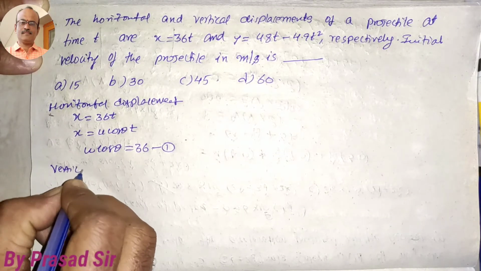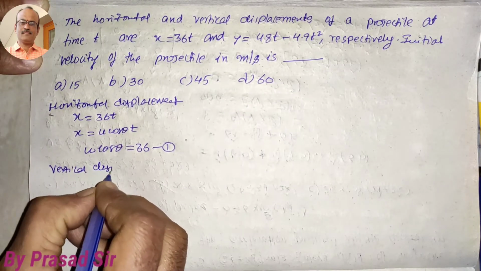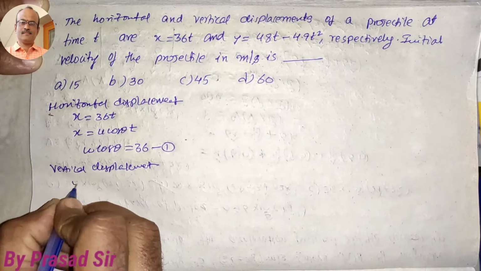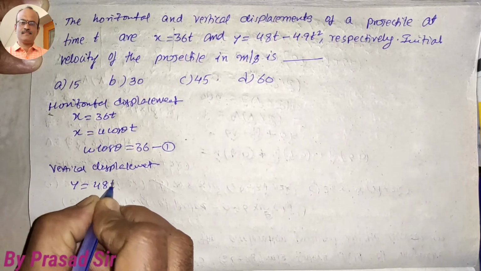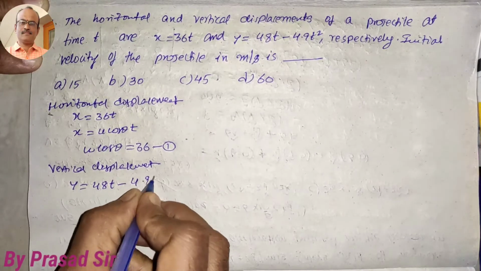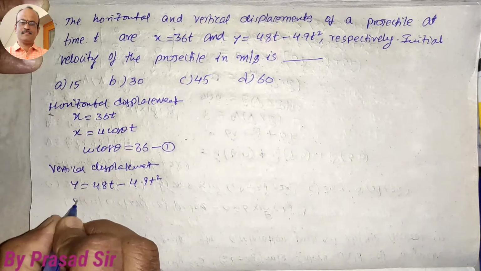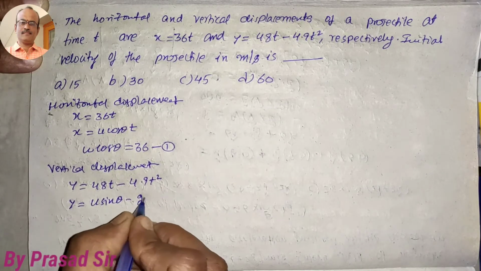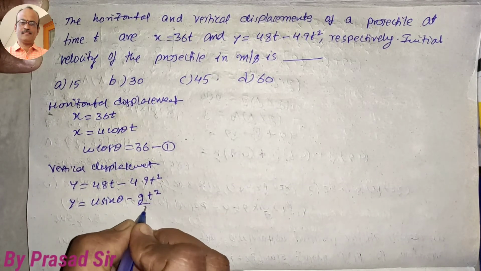Now I will take here vertical displacement. So here given y is equal to 48t minus 4.9 t square, but vertical displacement y is equal to u sin theta t minus g t square divided by 2.